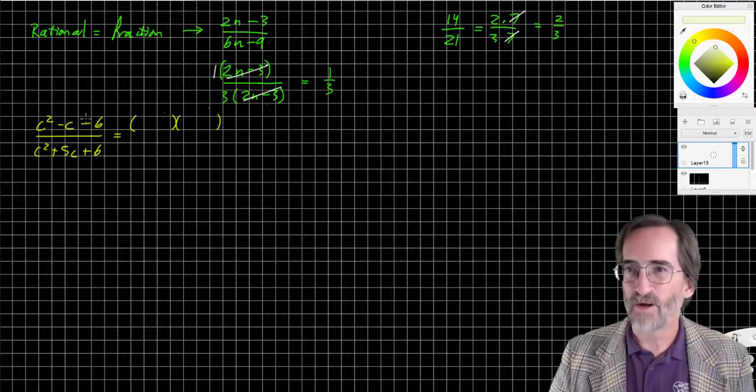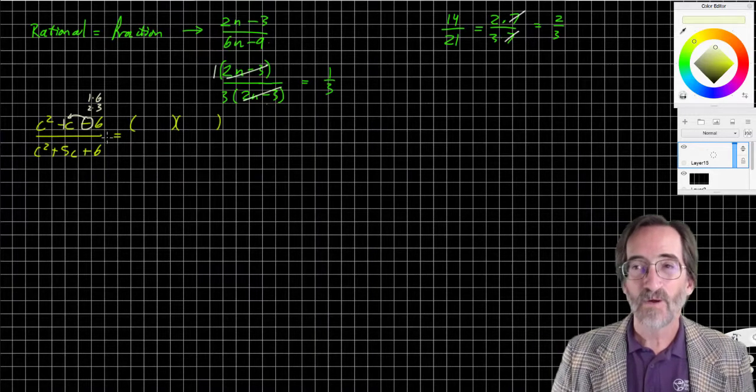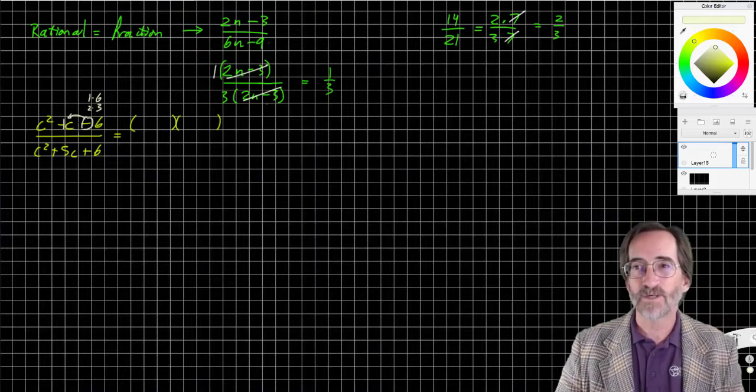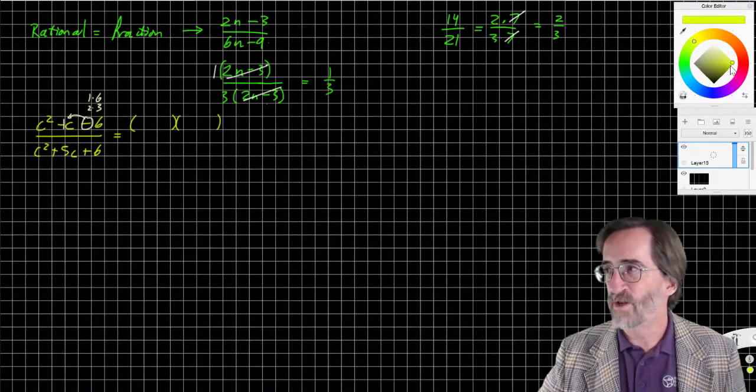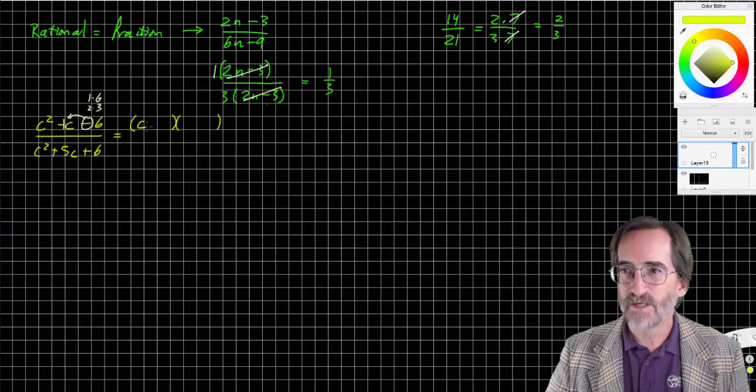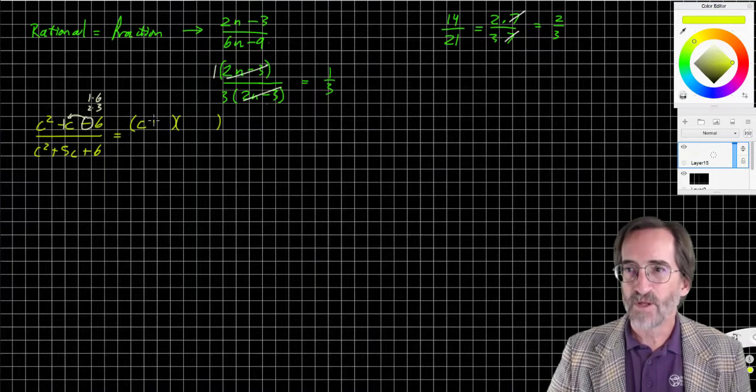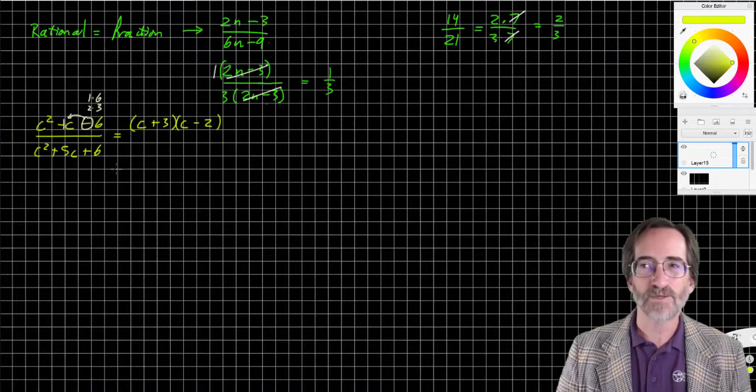Factors of 6 are 1 and 6 and 2 and 3. The only pair that make a difference of 1 are 2 and 3. And if it's plus 3 and minus 2, it'll make a positive 1. So c plus 3 and c minus 2. You could say c minus 2 and c plus 3 as well.